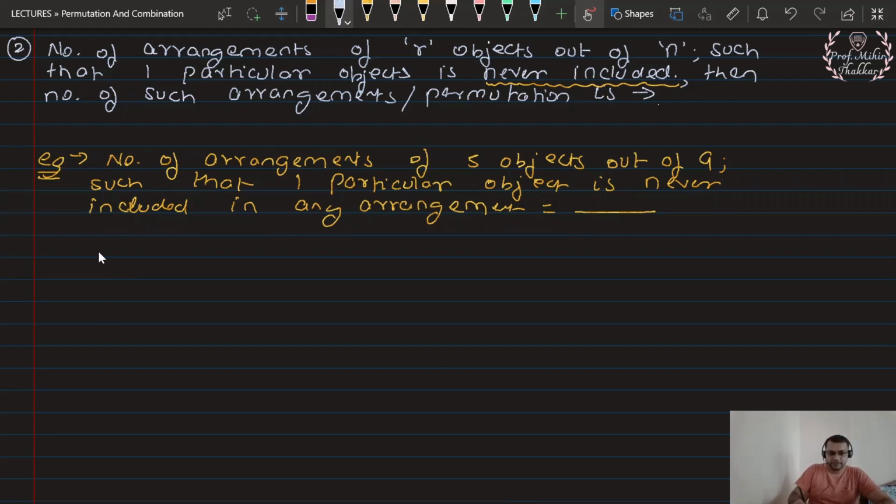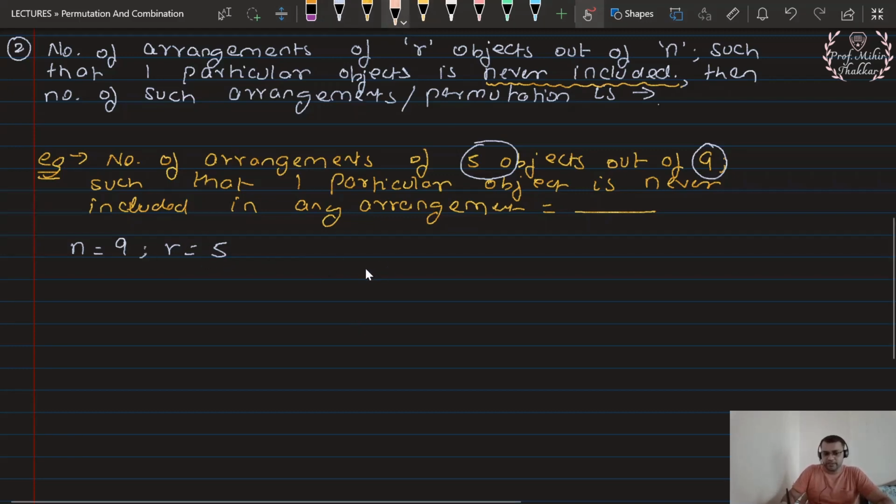So let us see how we can do the arrangements over here. See, it's again simple. Total you are having 9 objects, out of which 5 objects have to be arranged. So here n is equal to 9, r is equal to 5. Because I have to make an arrangement of 5 objects, I make 5 places over here first of all.